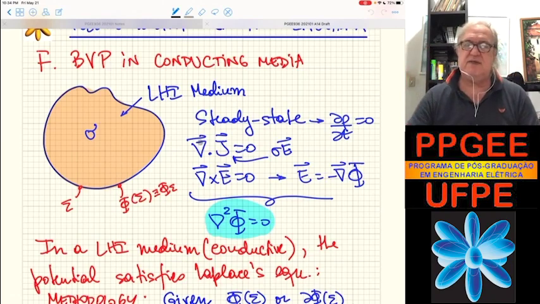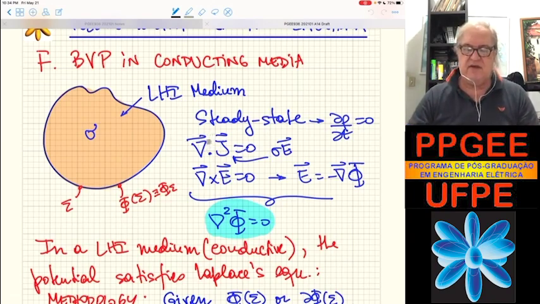It's not D, it's not E, it's J, okay? Our main focus is to find J, because by finding J, I find the current. Our objective is to find the field J, the current density.